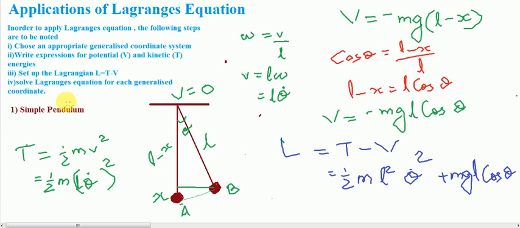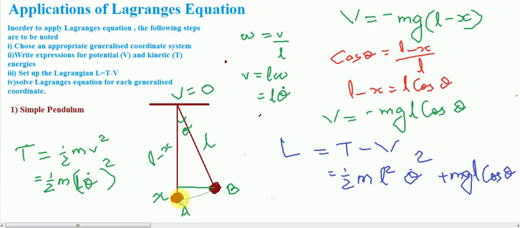As an application, as an example for this, first we can consider the case of a simple pendulum. We all know that a simple pendulum is a point mass attached to the end of a string which is suspended from a point. So the pendulum is free to oscillate about a mean position.